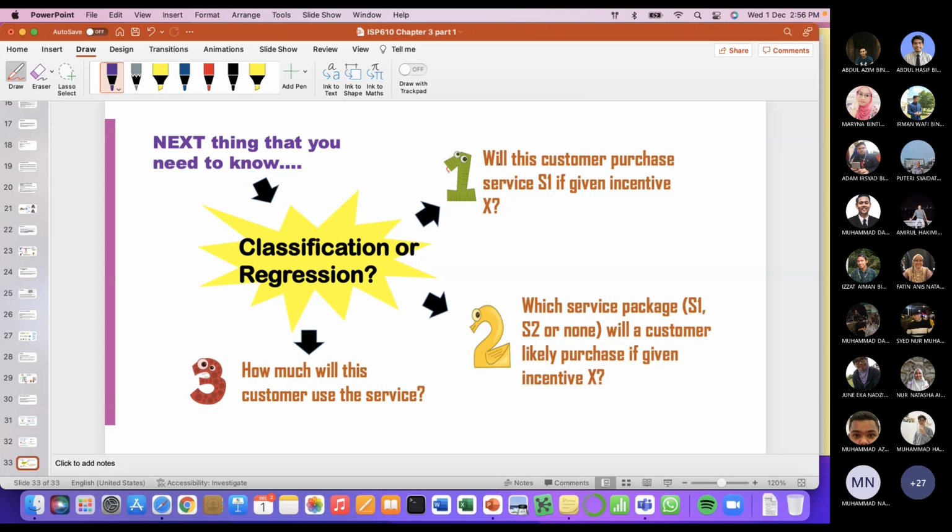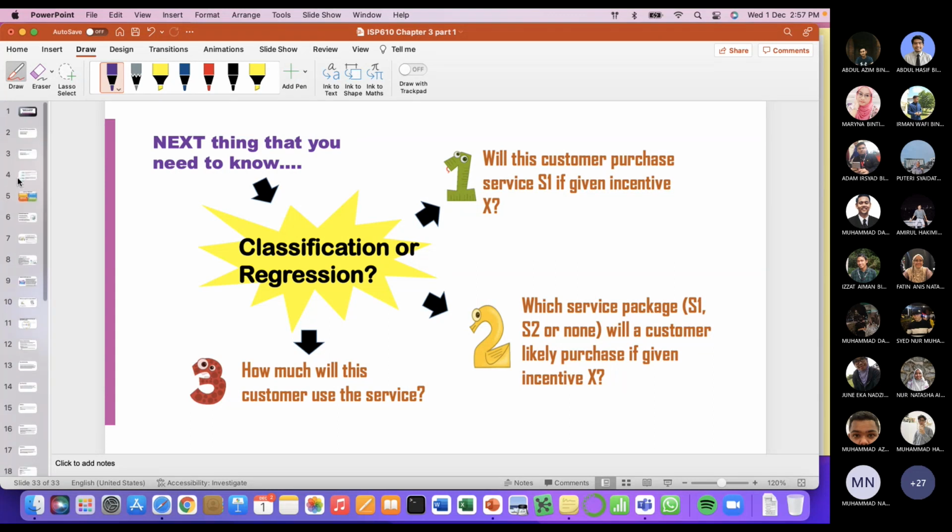And how much will this customer use the service? Those are the things we need to think about when you want to solve the problem. So it's not only giving the solution, like making predictions only, it goes to this extent. That is the prescriptive part.